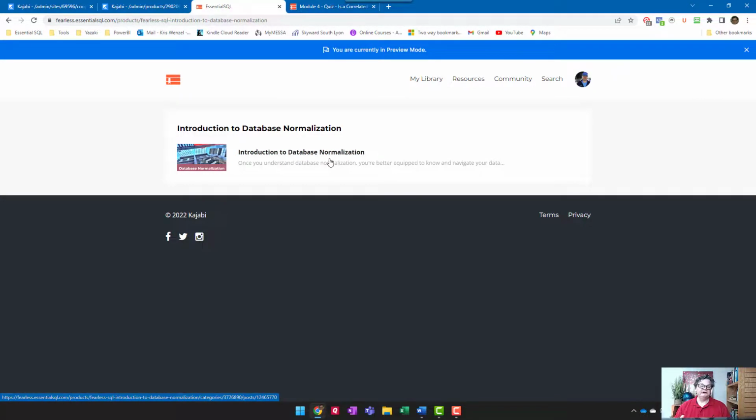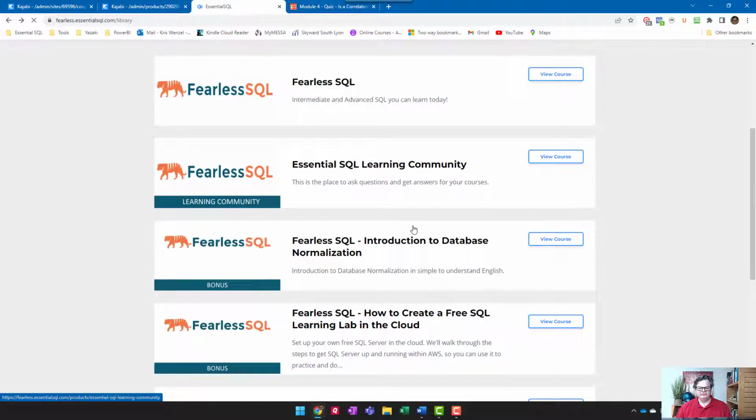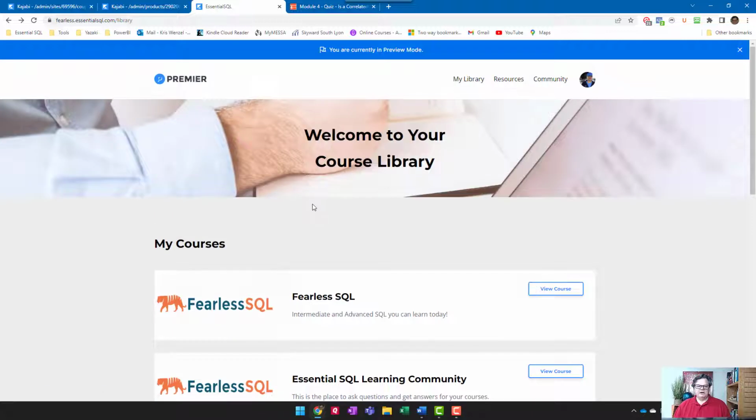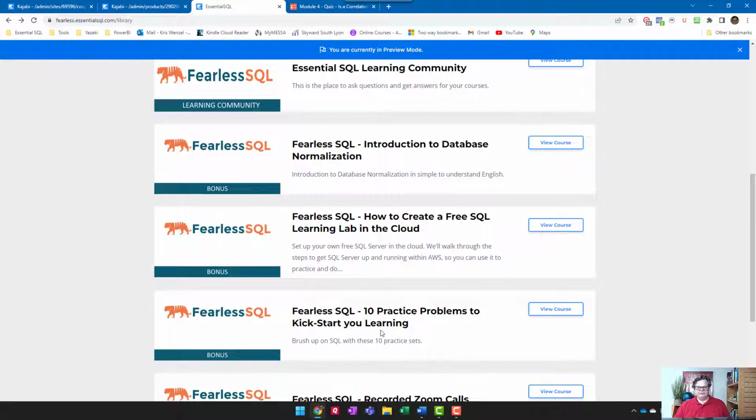So if you've never really understood why there are so many tables in an SQL database, this gives you that overall gist of what's going on. And then I include the recorded Zoom calls with everybody, so you should get that as well. All right, and the practice problems. So that's another bonus that you would receive.